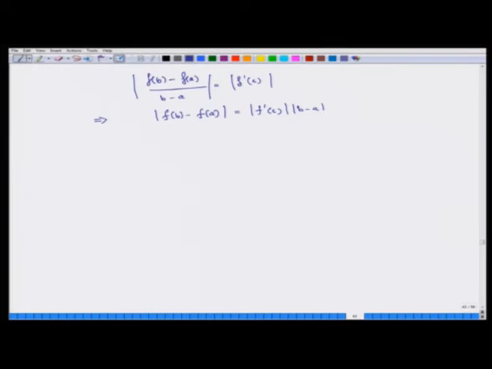But again, because f dash x is bounded, mod of f dash x is bounded. The absolute value also must be bounded, it cannot blow up. So, the absolute value also has some maximum value.